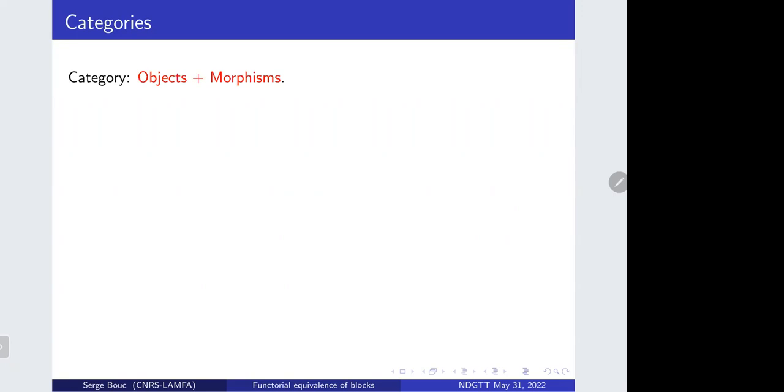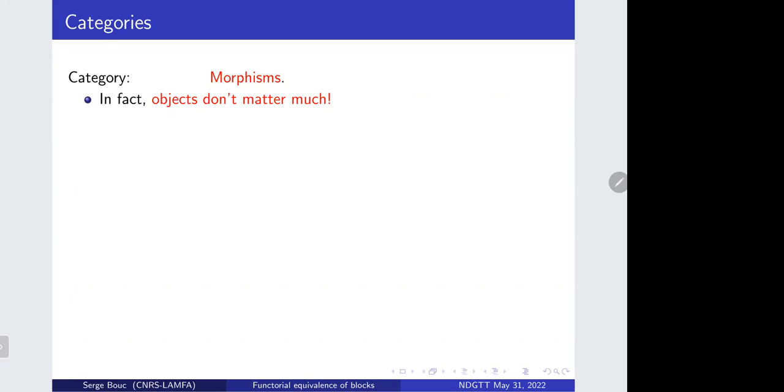A category, of course, consists of objects and morphisms. This notion was introduced by Eilenberg and MacLane around 1945, say. But it has been quickly observed, in particular by Grothendieck, that the objects of the category don't matter so much.